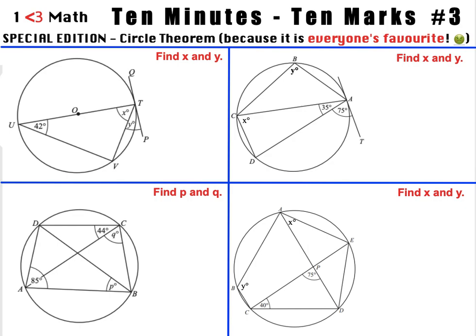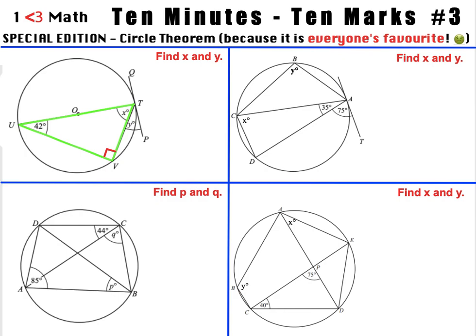So we're going to look at this first question, the top left question, where we need to find x and y. Now, when you've got a diameter that forms a triangle with two chords, the angle where the two chords meet at the circumference is always a right angle.